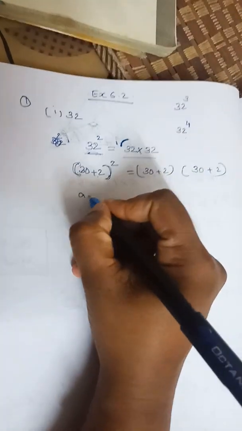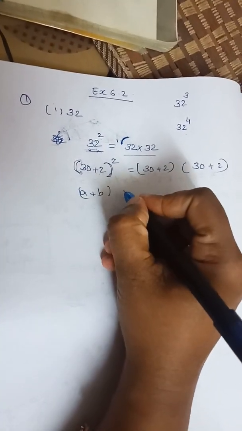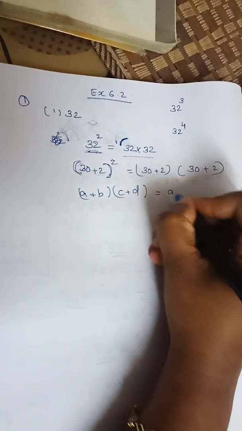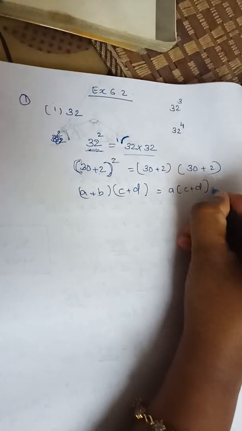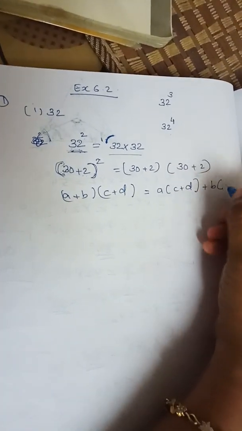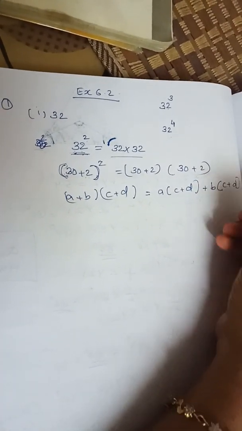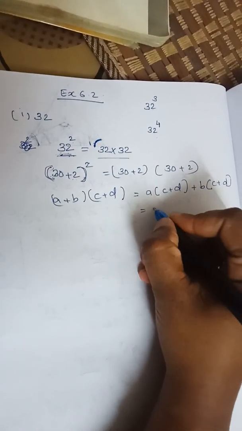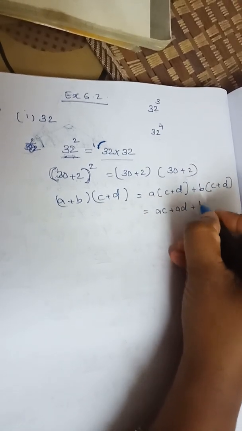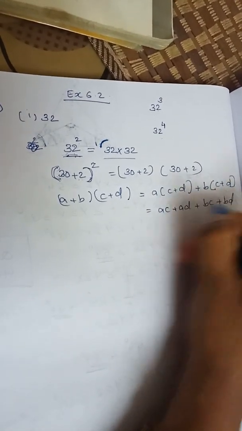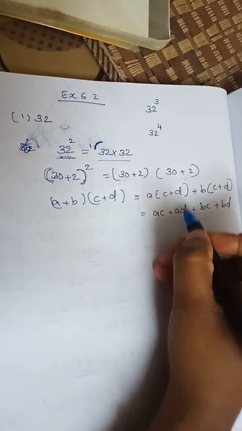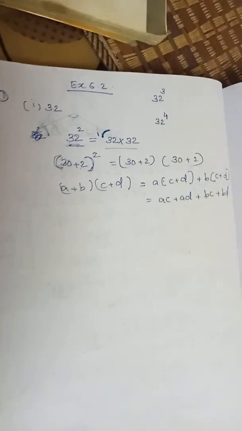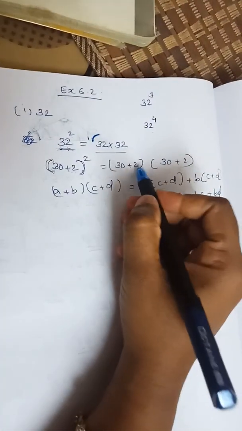A plus B into C plus D equals A into C plus D plus B into C plus D. After that you get AC plus AD plus BC plus BD: A into C, AC; A into D, AD; B into C, BC; B into D, BD. So this equation you can use to solve the given question.